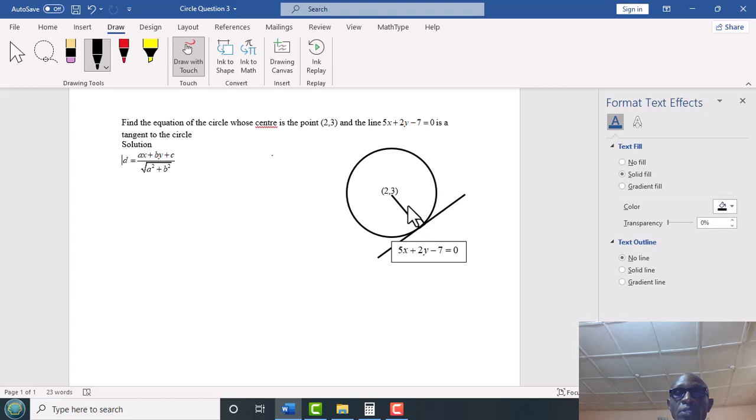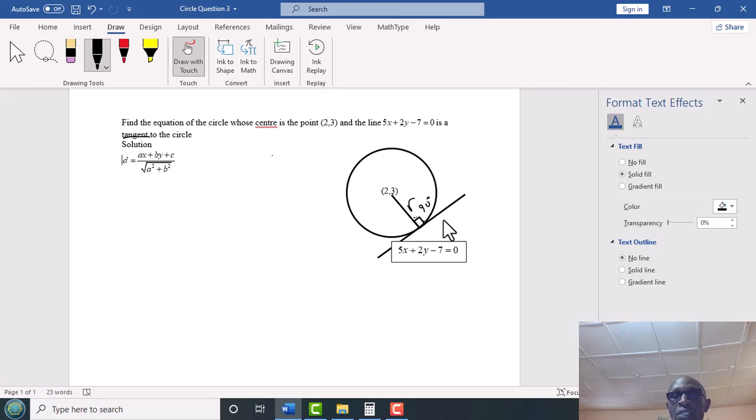So let's call this place our R. That's the radius of the circle. This line touches the circle because it's a tangent. So that means this line meets the line from the center of the circle at 90 degrees.